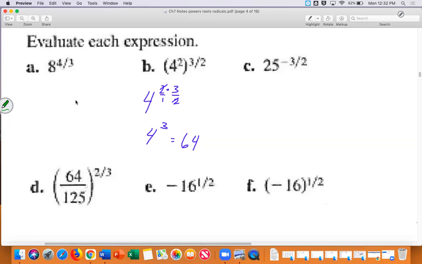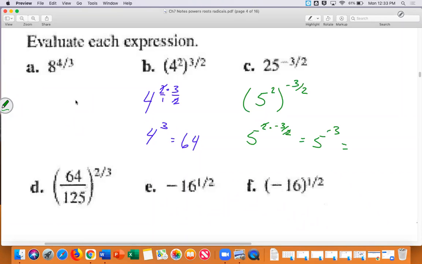So I could view this as 5 squared to the negative 3/2. Then I multiply those exponents, the 2's cancel, and I'm left with 5 to the negative 3rd.